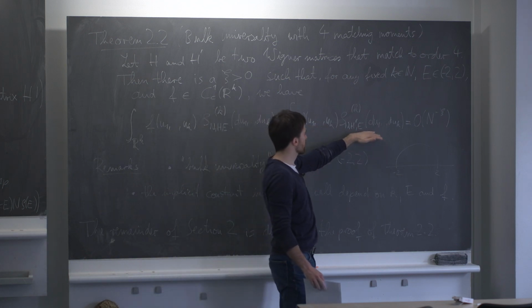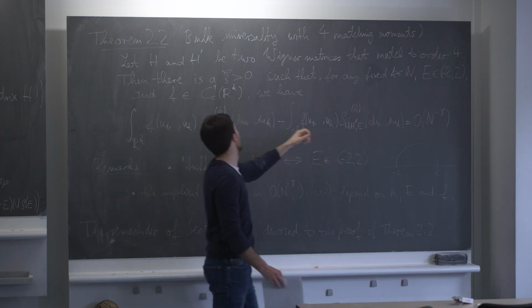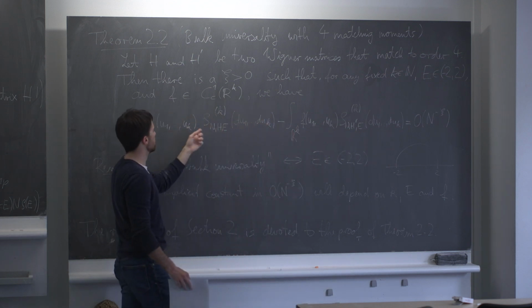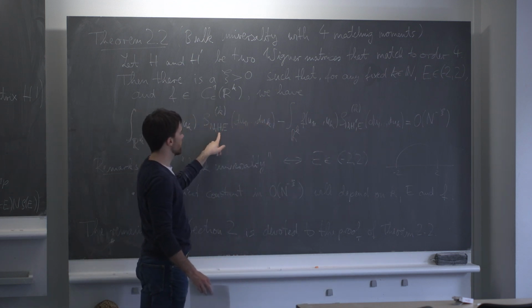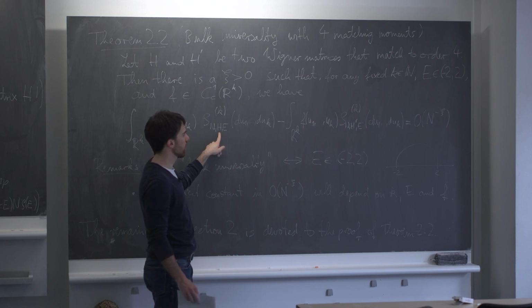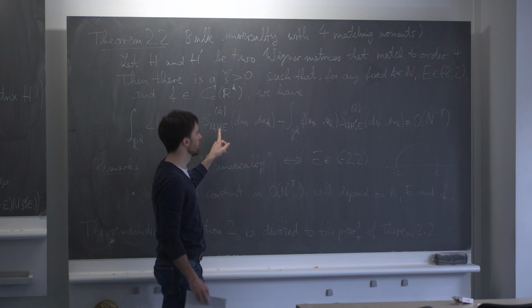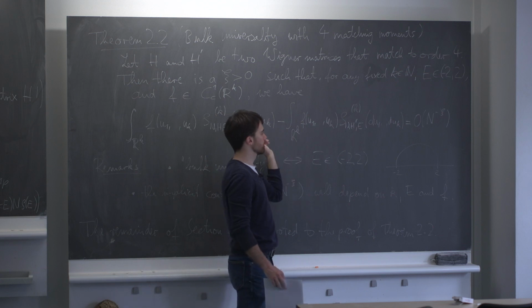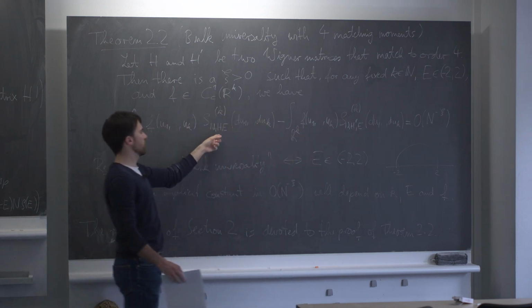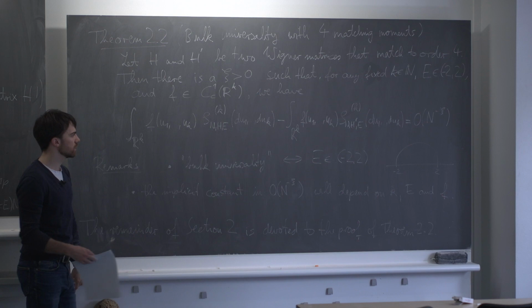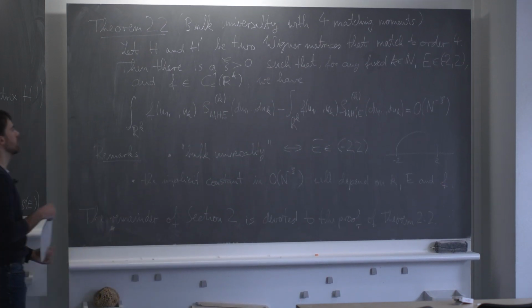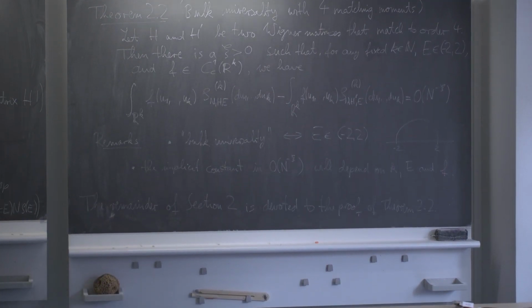Furthermore, in the Gaussian unitary case, we even computed this, so we know that this is a sine kernel measure. So in the limit, when n becomes large and H matches the GUE up to order 4, the k-point intensity measure also converges to this sine kernel measure in this sense.